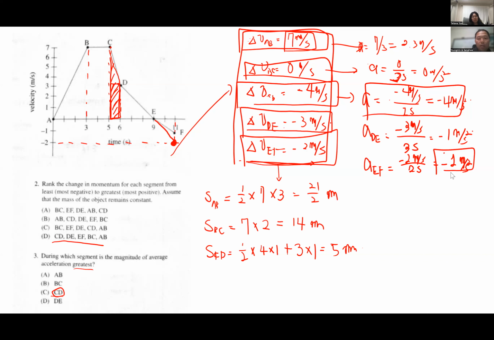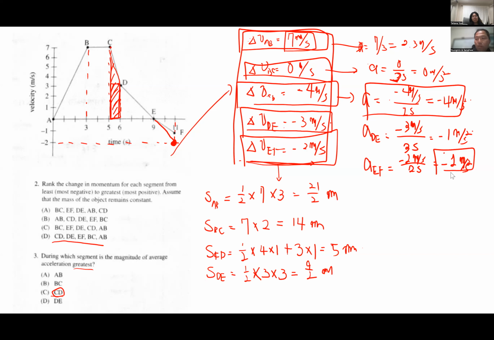And the travel distance from D to E is 1/2 times 3 meter per second. The variation of velocity is 3 meter per second over how much? 3 seconds, right? So that is 9/2 meter.